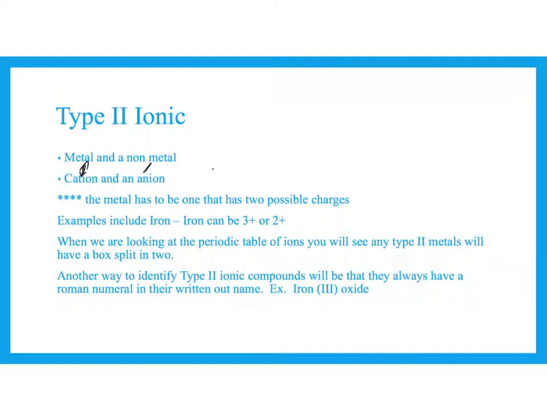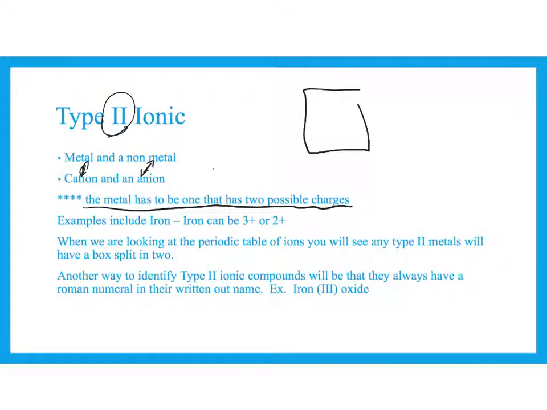And a nonmetal can be called an anion. The important thing for it to be a type 2 and not a type 1 is that the metal has to be one that has two possible charges. When we look at our table of ions, you'll see that some, like iron, are split in two, and the box will look like this.